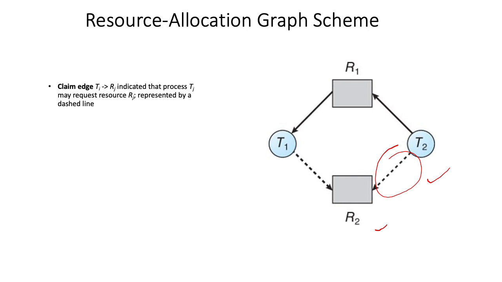This claim edge will convert into a request edge when the thread actually requests the resource. Then the request edge will be converted into an assignment edge when the resource is actually allocated to the thread. And when the resource is released by the thread, the assignment edge converts again to a claim edge.